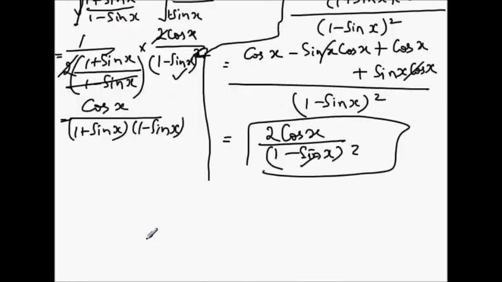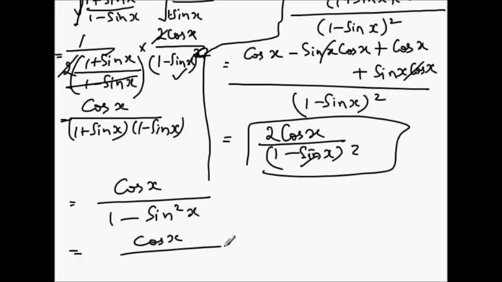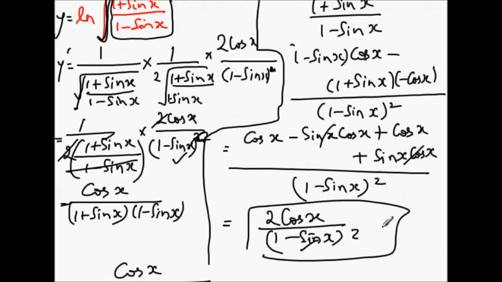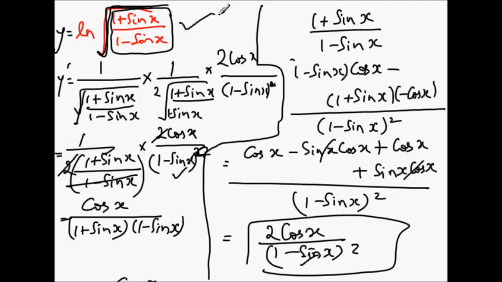Which would become cos x over, a plus b times a minus b is 1 minus sin square x, which is cos x over cos square x, which is 1 over cos x, secant x. So the function becomes so simple when the actual function was a really complicated one.